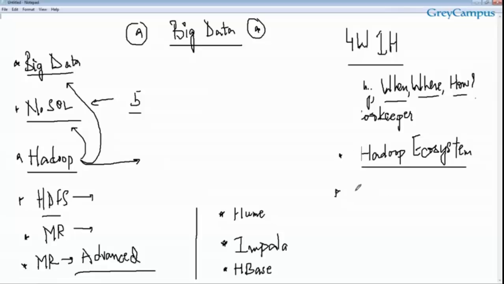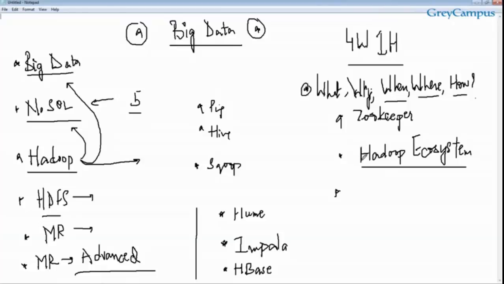Once this is done, here what we had was Pig, Hive, Sqoop. After that it was Flume, Impala, HBase, Zookeeper, and YARN.